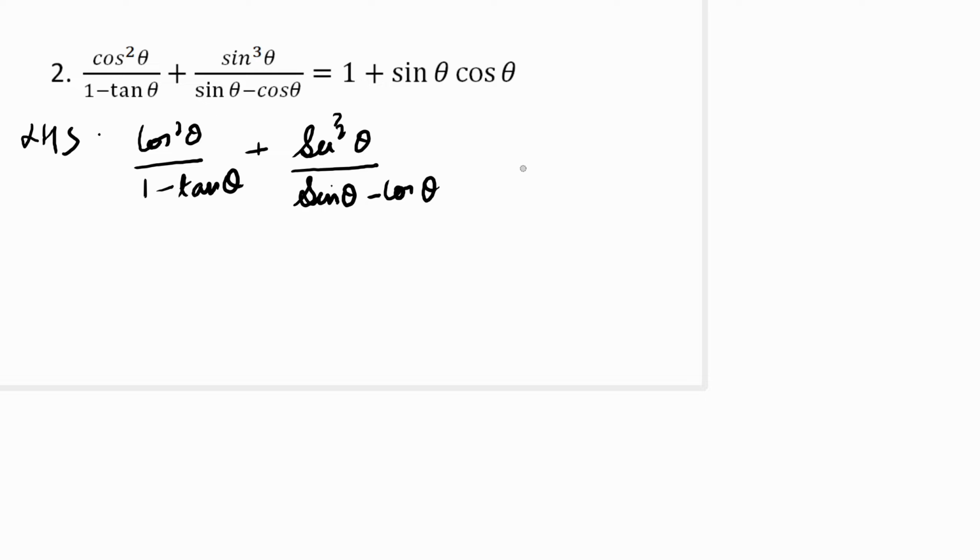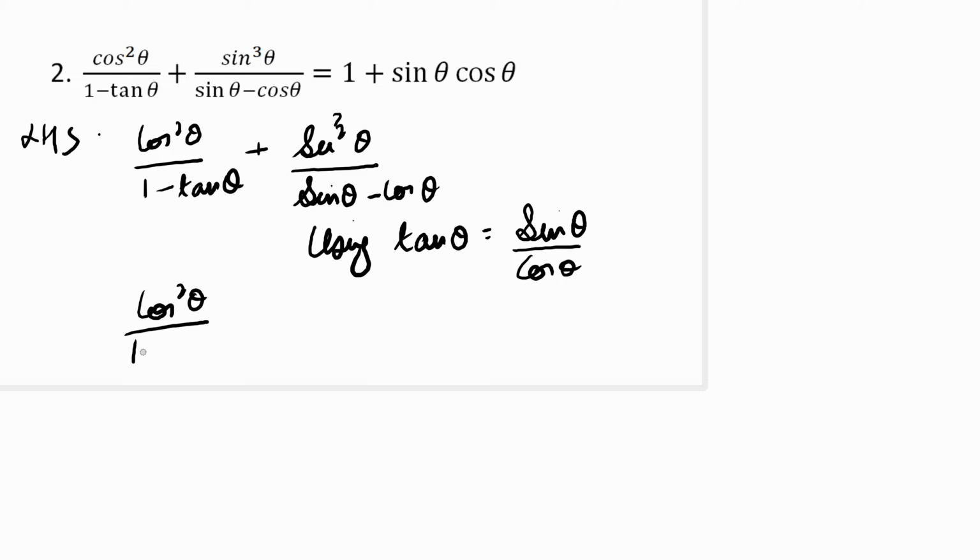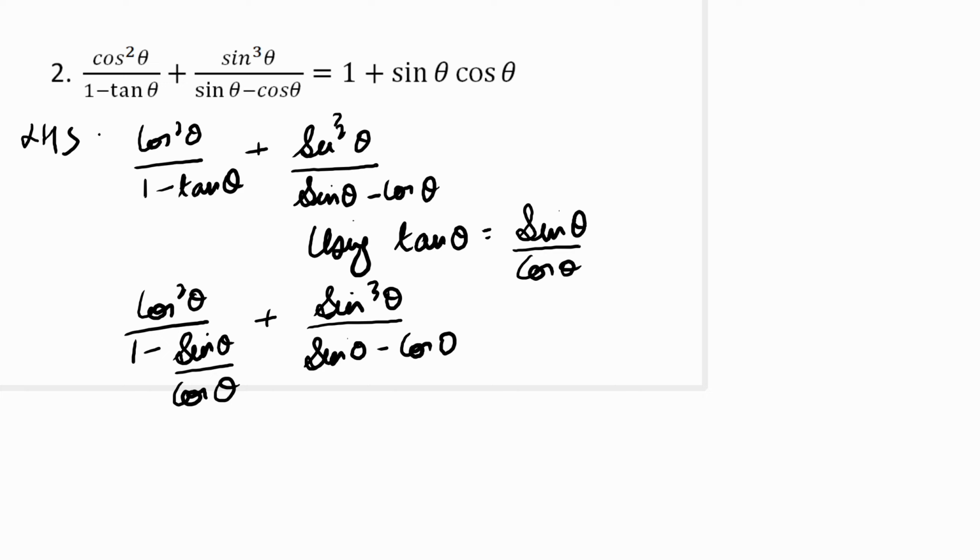Now we can write down using tan theta is equal to sin theta upon cos theta. So we will do cos square theta upon 1 minus sin theta upon cos theta plus sin cube theta upon sin theta minus cos theta.